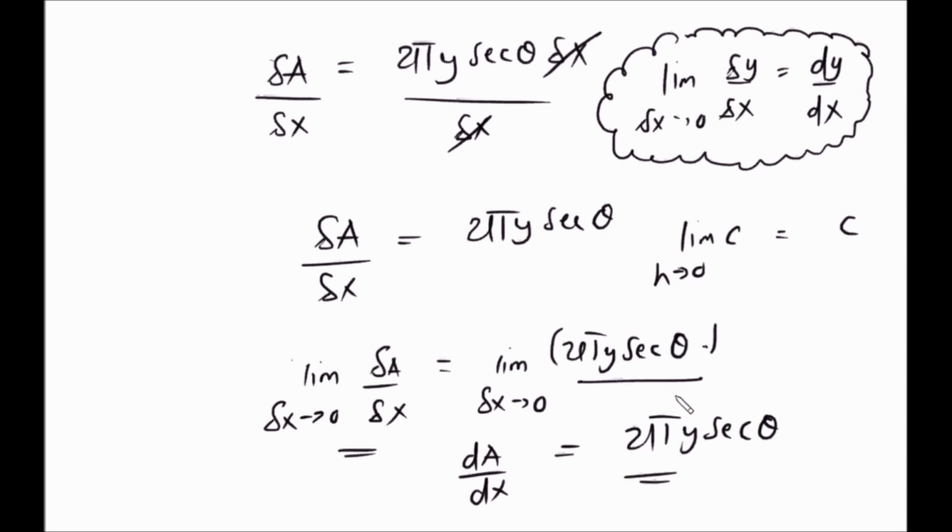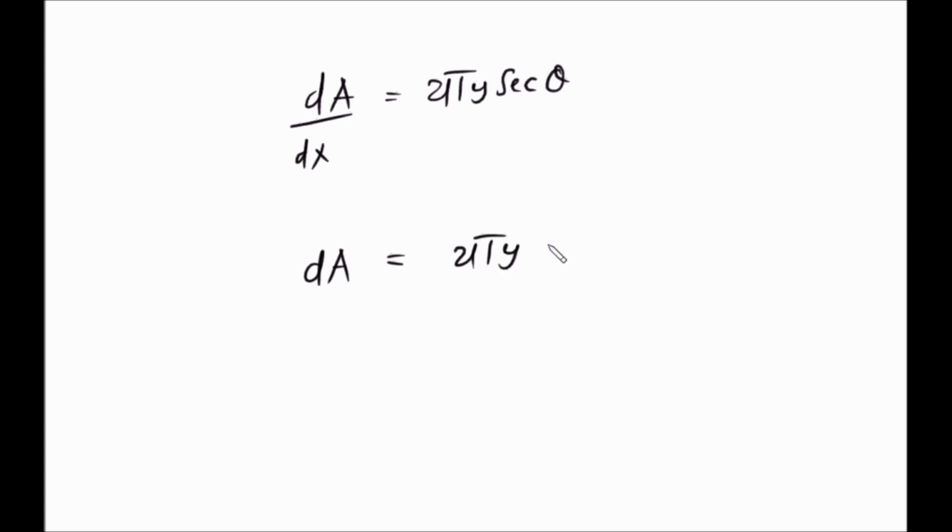So dA dx is equal to 2 pi y sec theta. So dA is equal to 2 pi y sec theta dx. So in order to get the area now, A, which is the area when I rotate the whole curve about the y axis, I'm going to integrate both sides.